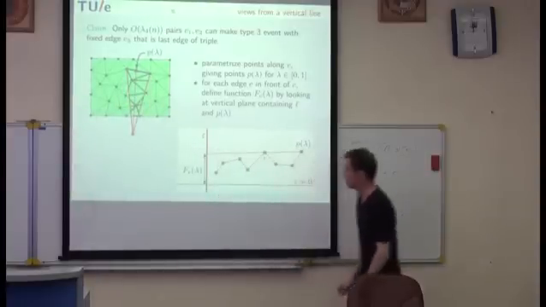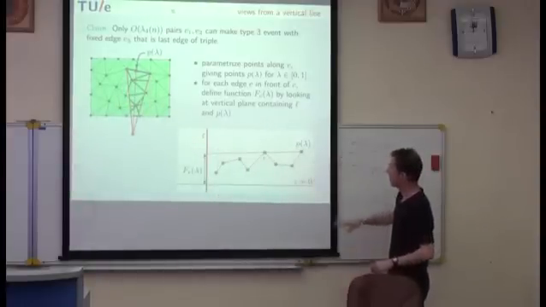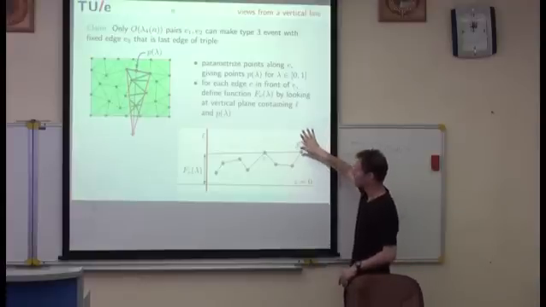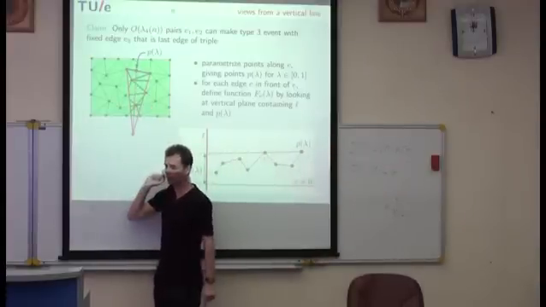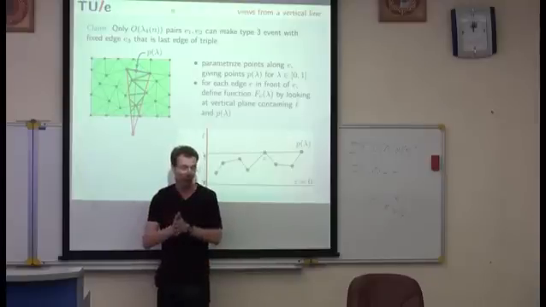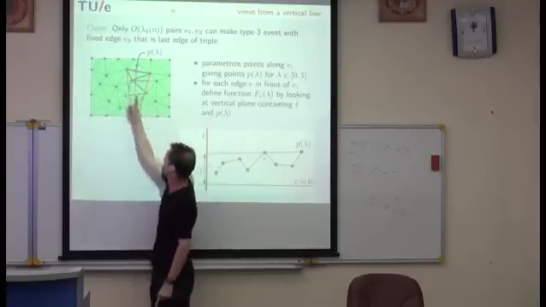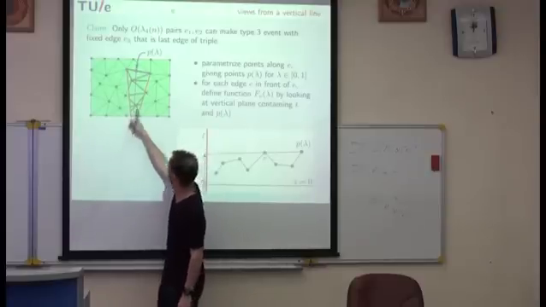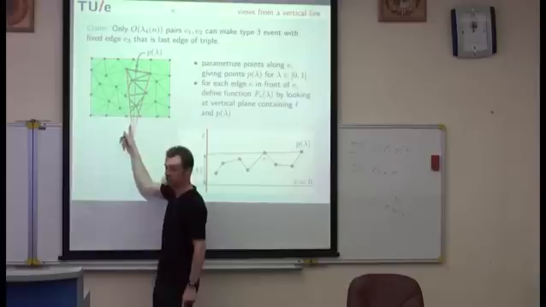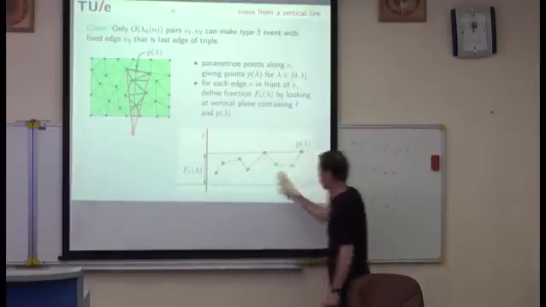Now look at a cross-section. I look at a point P lambda, and look at the vertical plane that goes through this point and my point Q. That vertical plane will contain this line.